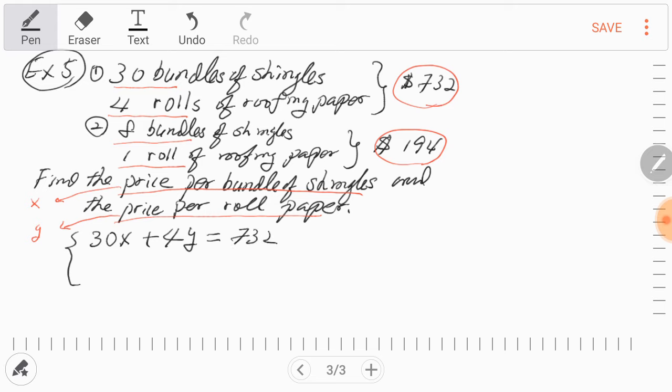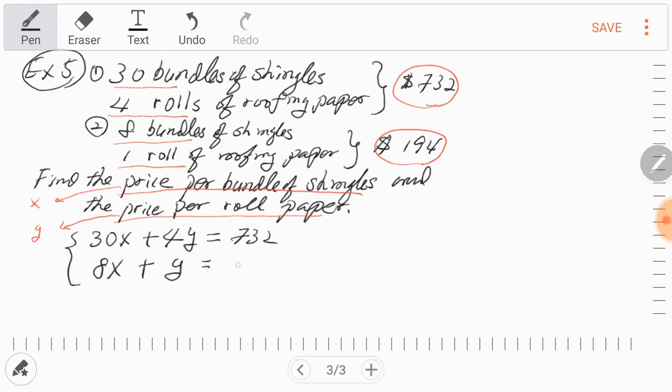From the second purchase, we have an equation like this. There are 8 bundles, so 8x is the cost for bundles of shingles, plus 1 roll, so 1 times y is the cost of a roll of roofing paper.